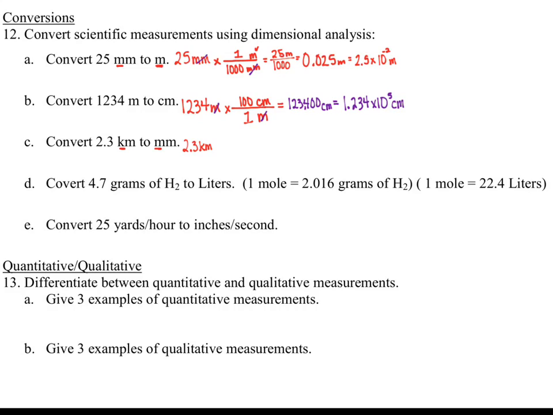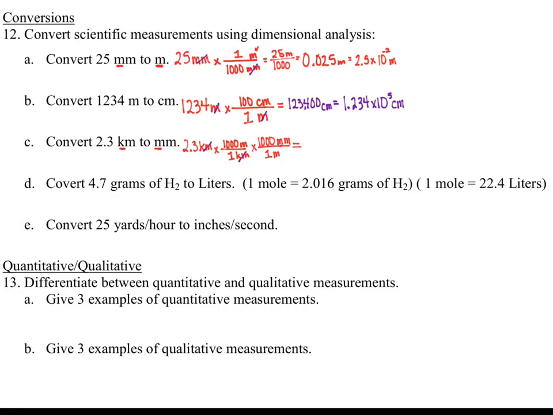I don't know how many millimeters in a kilometer, but what I do know is that 1 kilometer is equal to 1,000 meters. Right here, I can cancel out my kilometers. I'm not happy with meters yet, so I need to get rid of meters. Okay, so here, I know that 1 meter is equal to 1,000 millimeters.